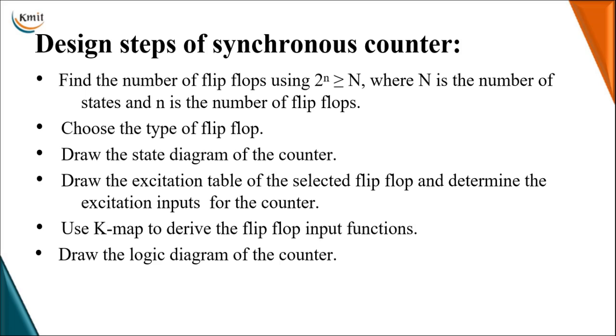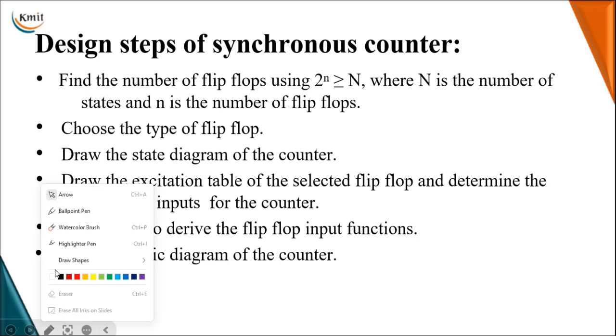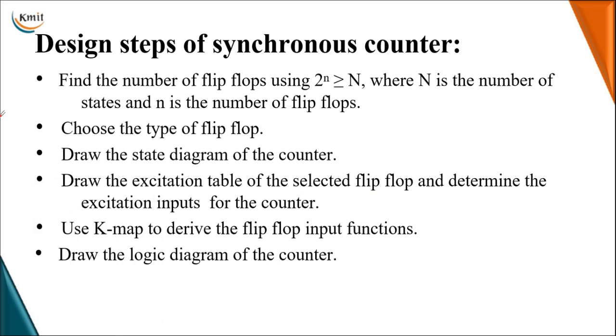Next, it depends on your number of states, so here you have to follow a basic equation, which is 2 power n must be greater than or equal to capital N, where capital N denotes the number of states introduced by the counter, and small n denotes the number of flip flops used to construct the counter.